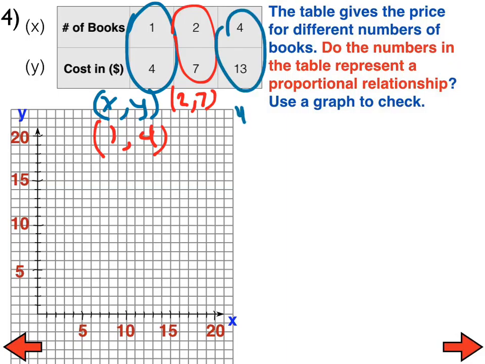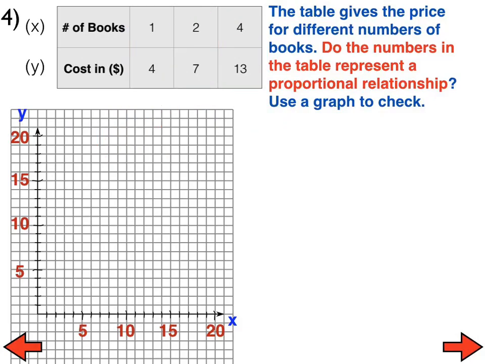And this one is 4, comma, 13. So I'm going to take those ordered pairs and graph them as carefully as I can. So that's over 1, up 4, put my dot. Over 2, up 7, put my dot. Over 4, up 13, put my dot.